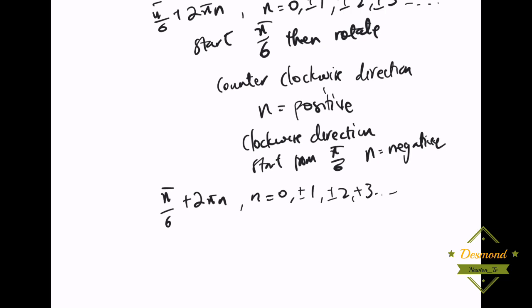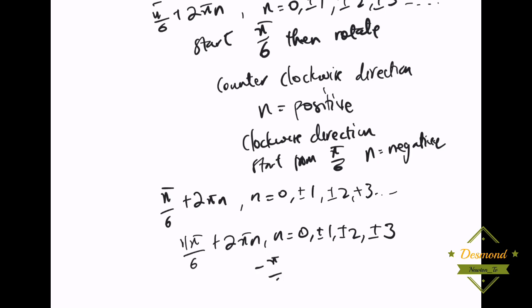And the second one is 11 pi on 6 plus 2 pi n, where n is 0, plus or minus 1, plus or minus 2, and plus or minus 3. In our final answer, we can get negative pi on 6 by using n equal to -1 in the second solution. It's very simple to do.